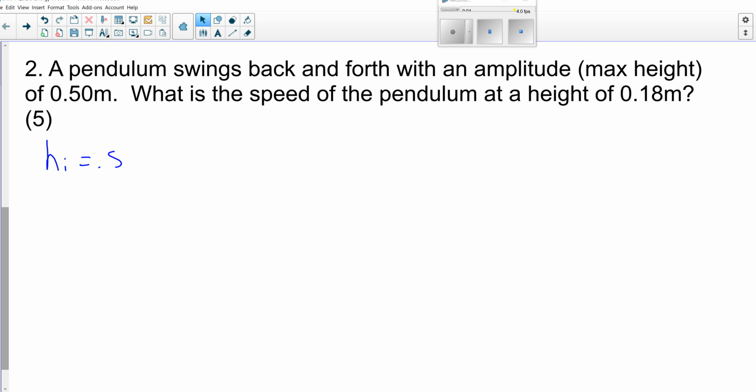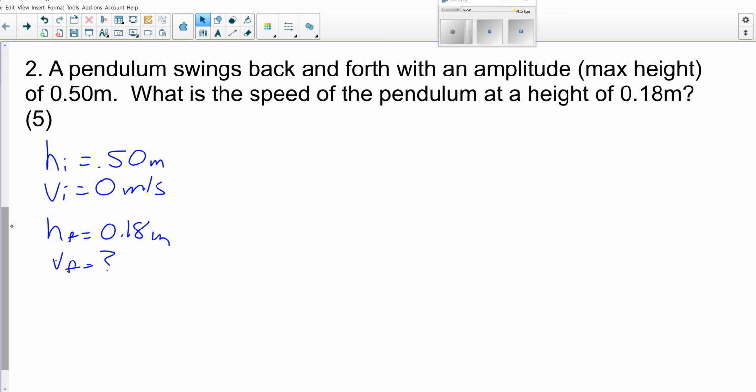They didn't outright tell me that, but I know it's true because at the highest point in the oscillation the pendulum turns around and starts coming back. Now it's looking for the speed of the pendulum when it's at a height of 0.18 meters. That's my final height, and I'm looking for VF. That's all they give me. They didn't give me the mass.